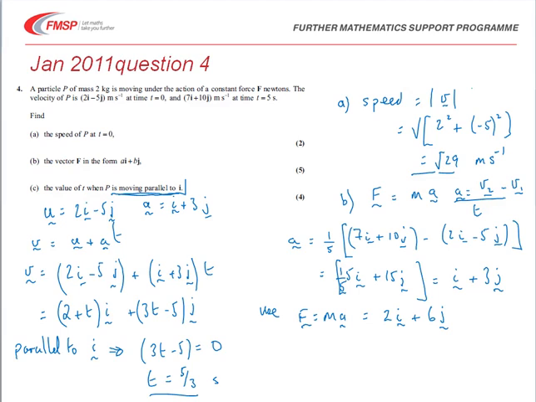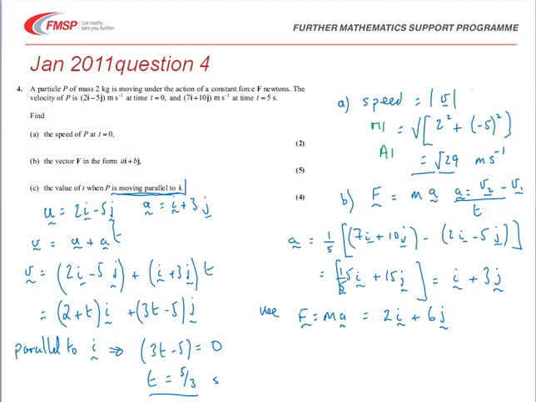Well, looking at the mark allocation for this question, the first part is very straightforward, M1, A1. M1 for realizing you had to calculate by using Pythagoras' theorem, and A1 for getting root 29. The second part of the question has 5 marks available.